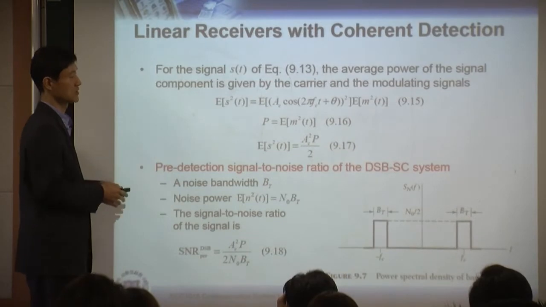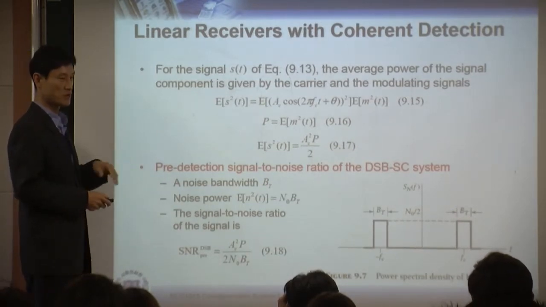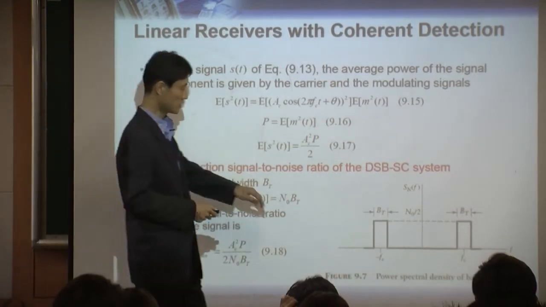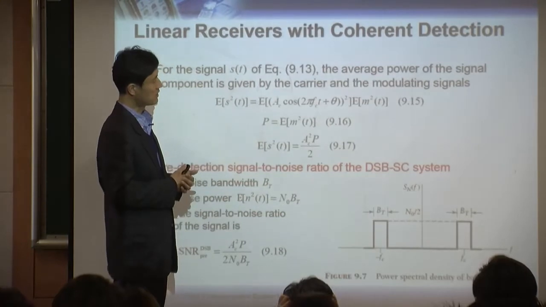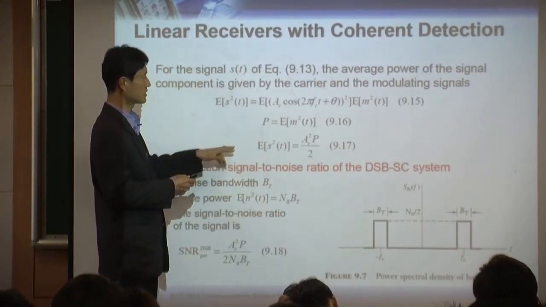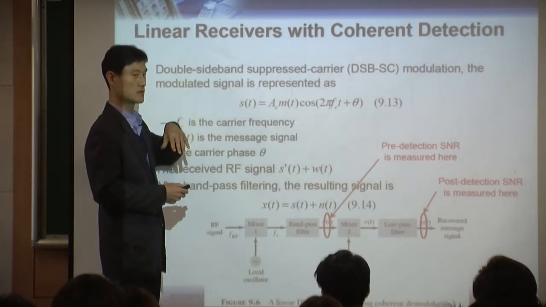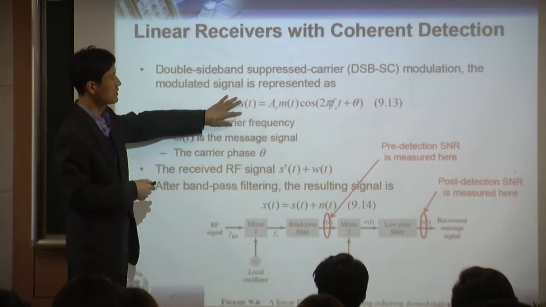In the pre-detection stage, it doesn't matter whether it is DSB, SSB, FM modulation, or AM modulation, the pre-detection noise power is going to be like this. Signal power is a little bit different between the modulations because our s(t) is different for each modulation. This is the case for DSB.